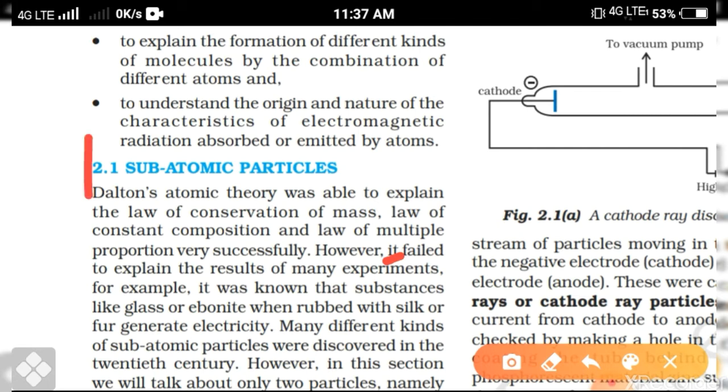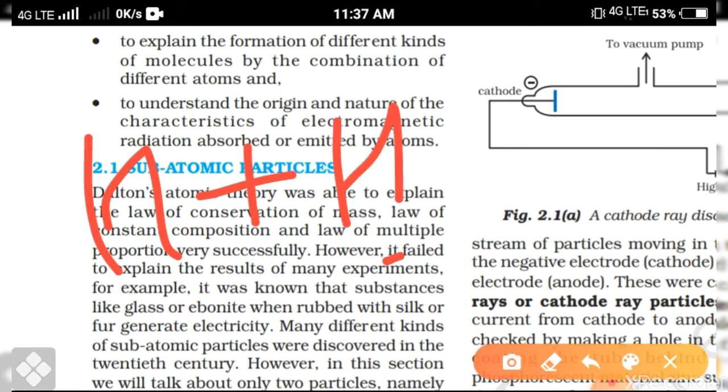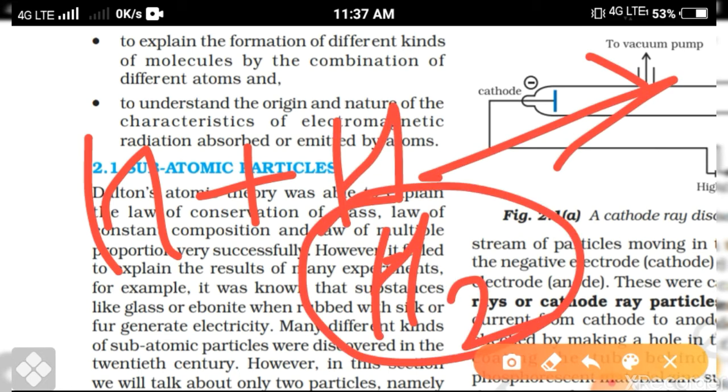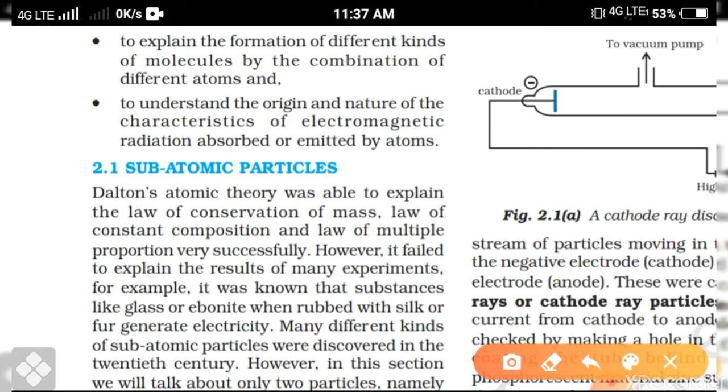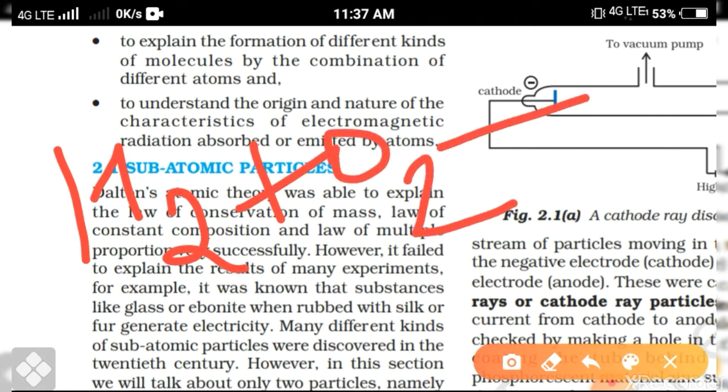For example, hydrogen and hydrogen atoms combine together to form H2. H2 is a molecule, because two atoms of the same kind form a molecule. Another example: H2 and O2 combine together to form H2O.